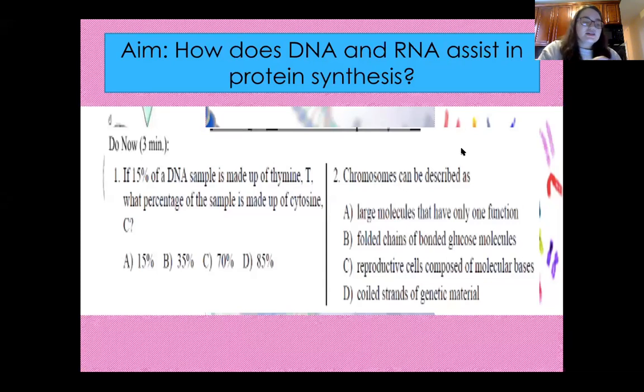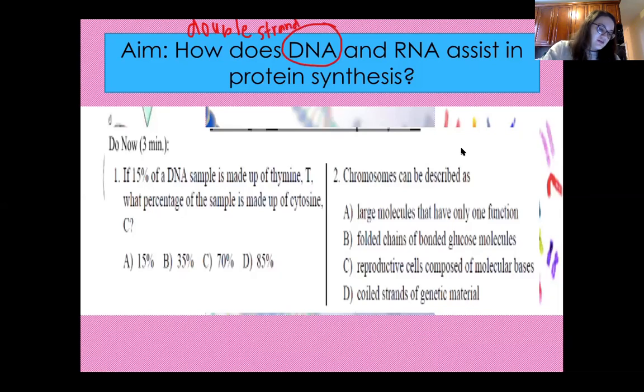Now, if I were you, I would annotate 3 different things. First, I would annotate DNA, and we know that that is double-stranded. Double strand.